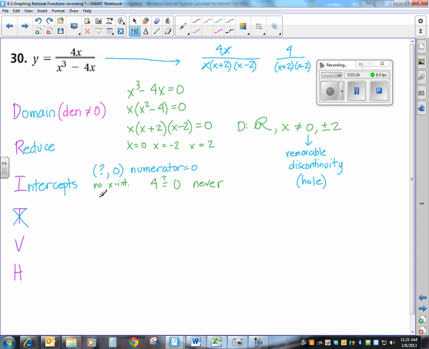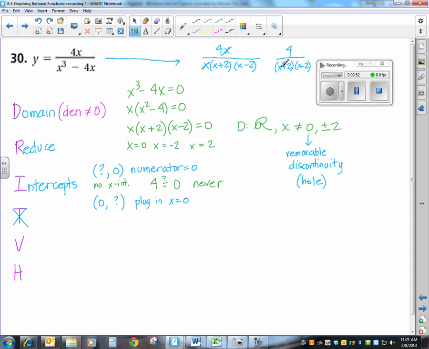To get your y-intercept, we're going to put 0 in for x and figure out what y equals. And that, of course, is plug in x equal to 0. Okay, if you put in x equal to 0, what are you going to get? Again, use your reduced form because we know that there's going to be a hole, but this still lets us know exactly where our hole is going to be.